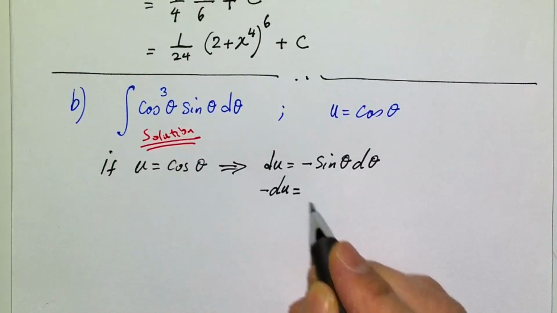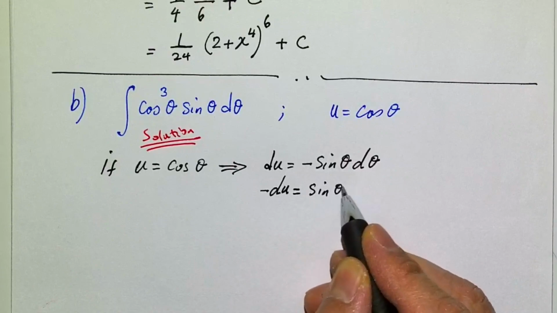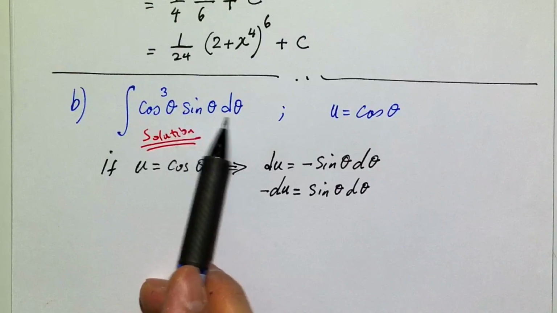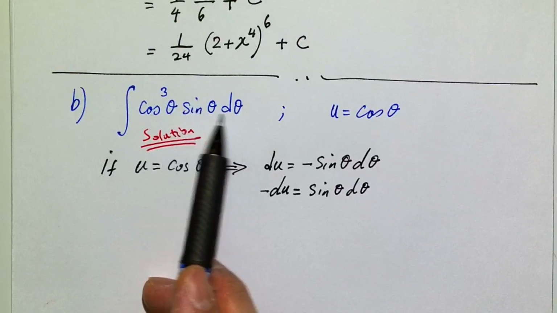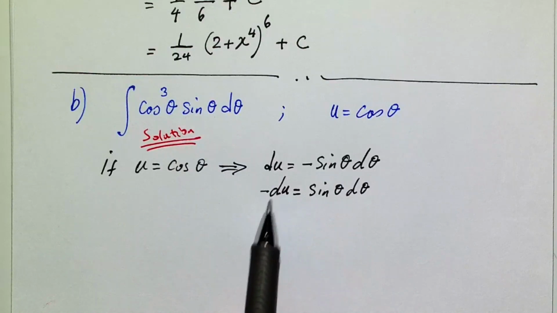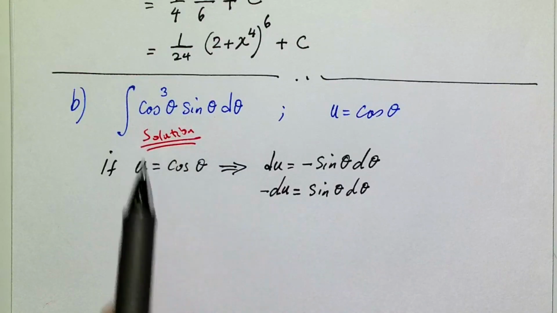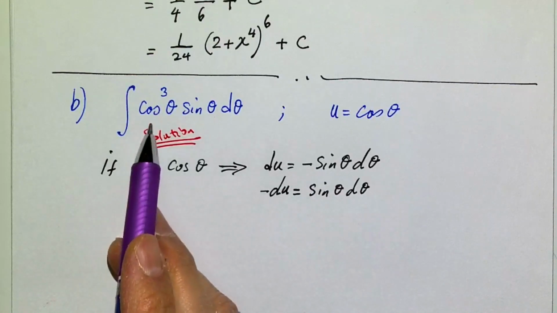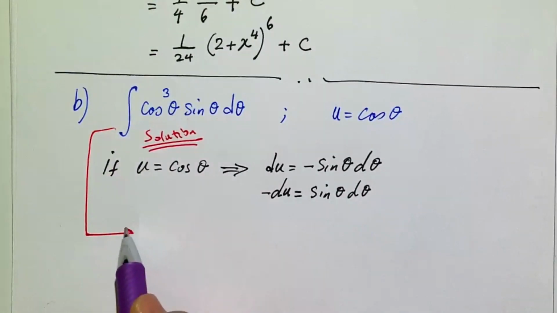Minus du is equal to sine theta d theta. Now you have an equivalent for sine theta d theta, right? It is minus du. Now we can substitute this into that after, of course, we've substituted for cosine of theta. Let's do that.